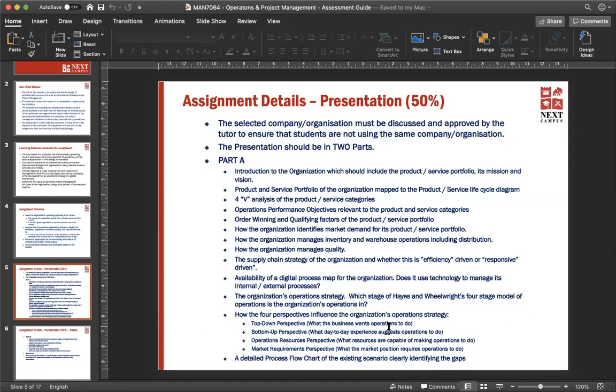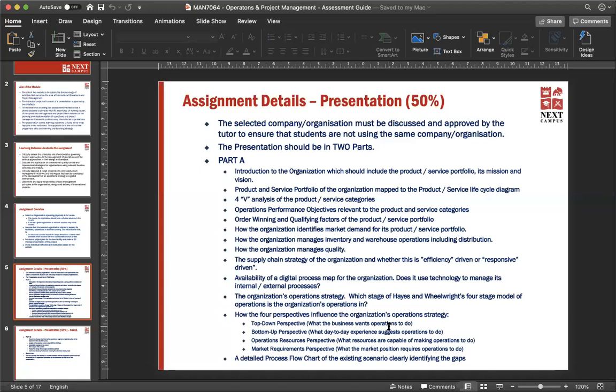Then, from an operations perspective, you look up to the board and say, we have been doing this manually for such a long time. Now it's high time to use technology to enhance our operations. So that's the bottom-up. You look at what is happening at the ground level and then tell the boss, look, this has to change.